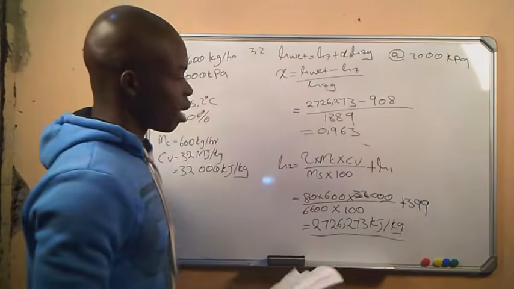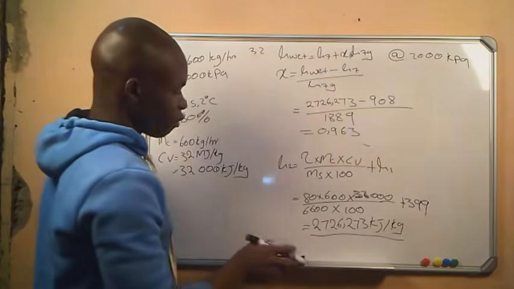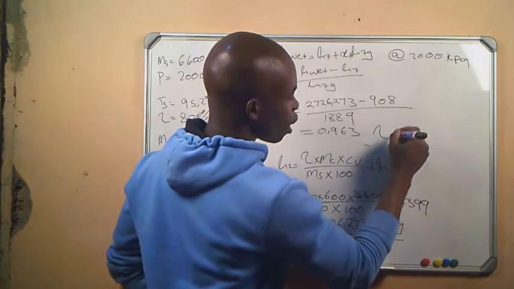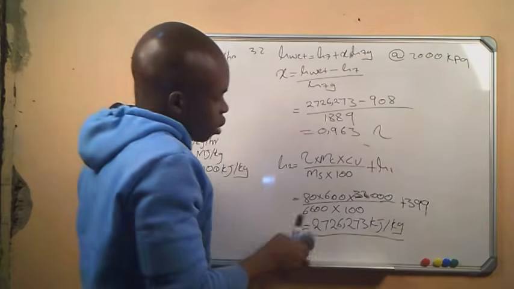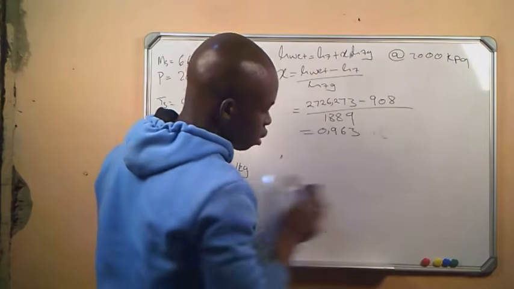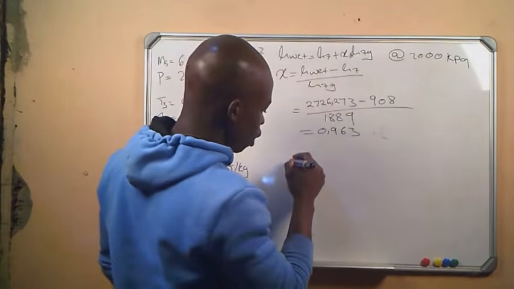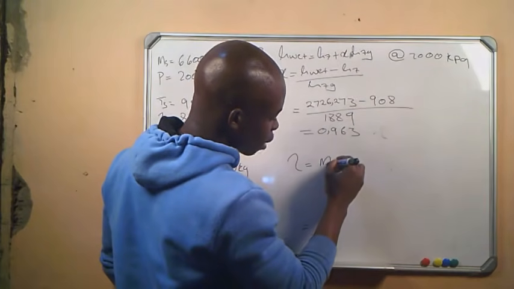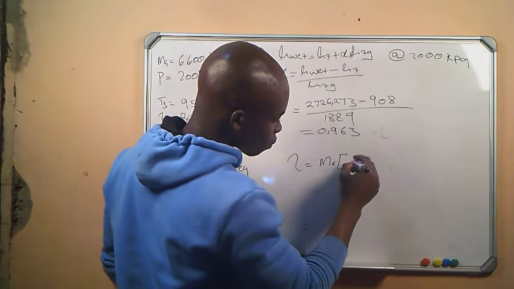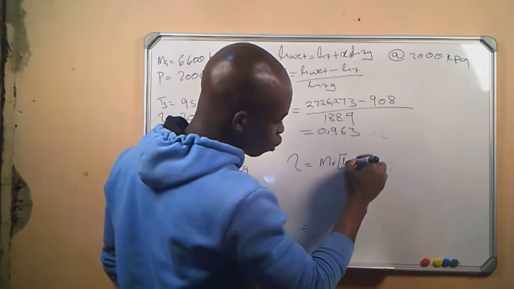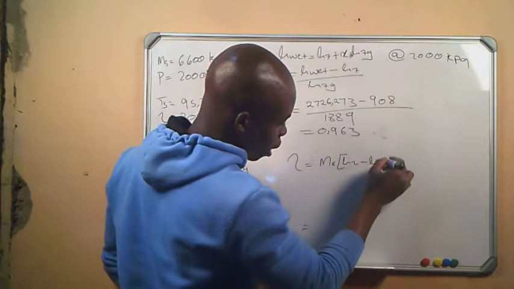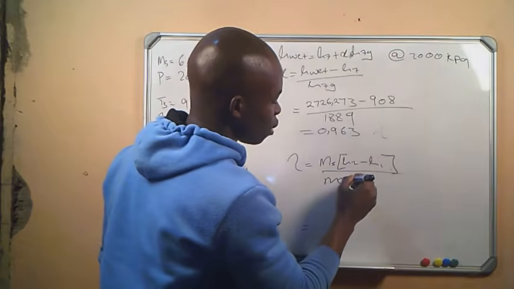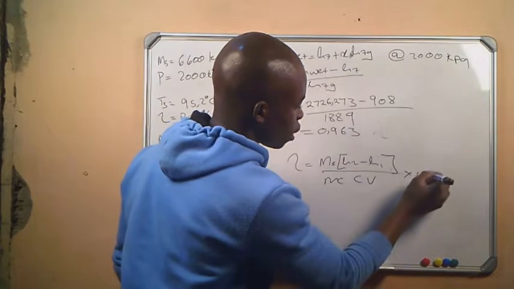Remember we said, from this formula, which is efficiency, we said that mass of steam times H2 minus H1 over MC calorific value times 100.